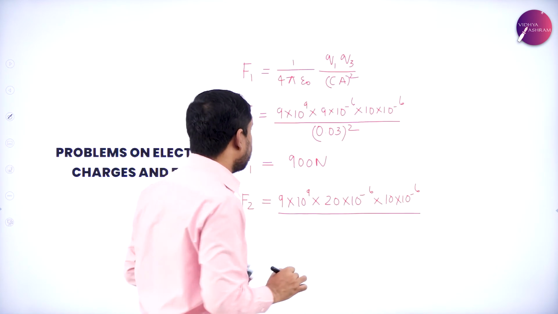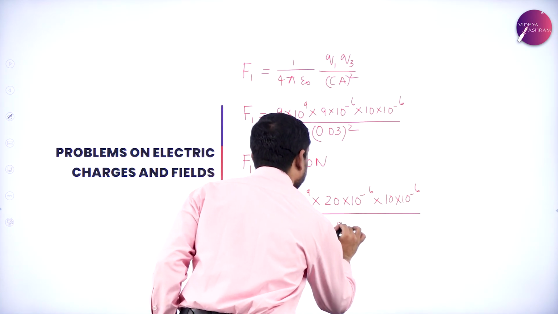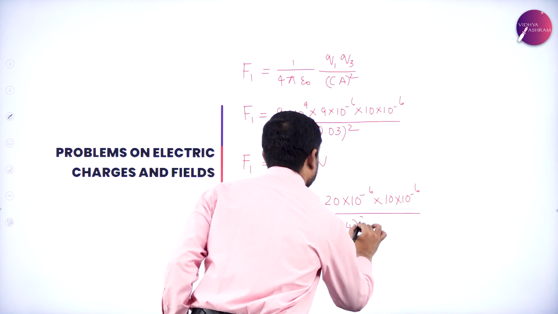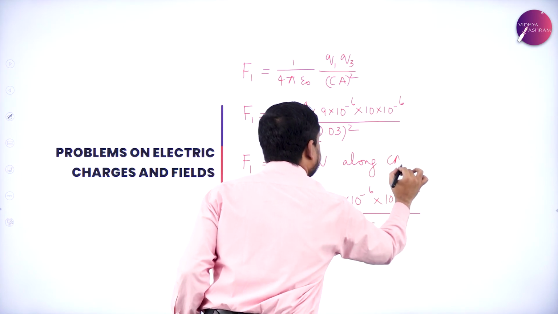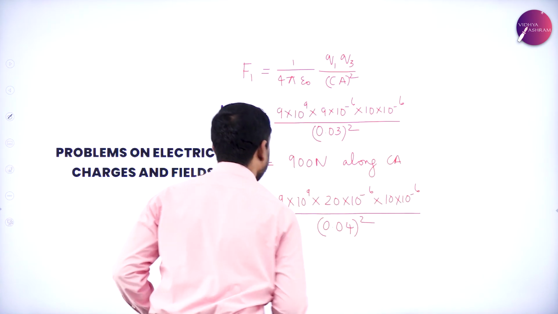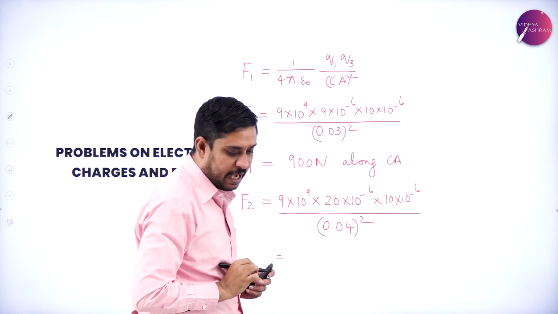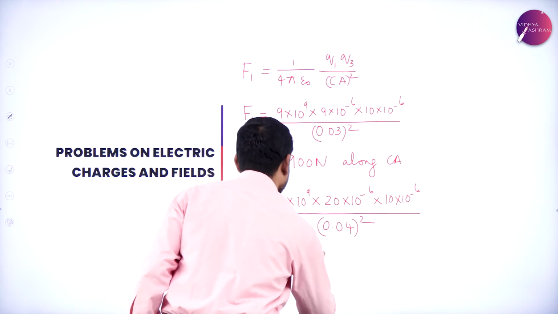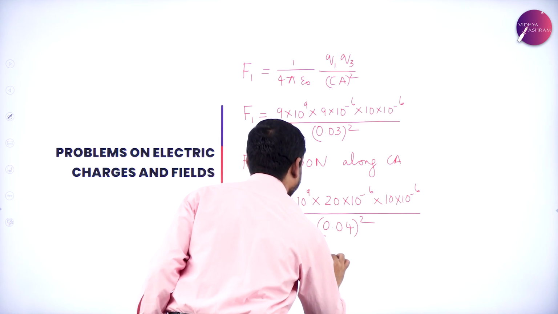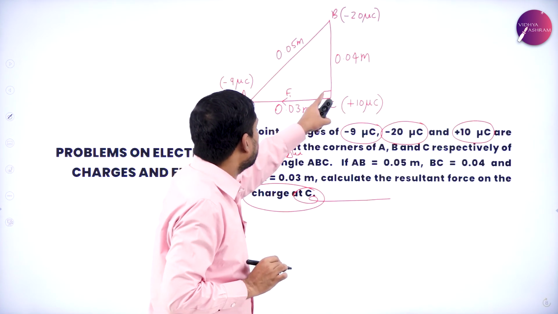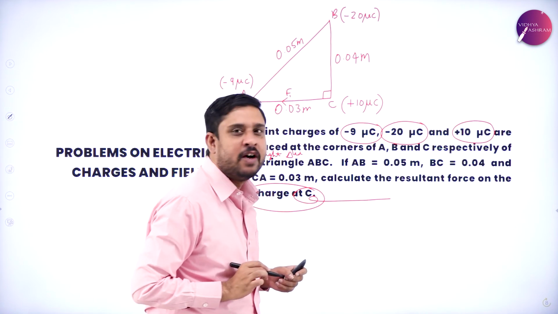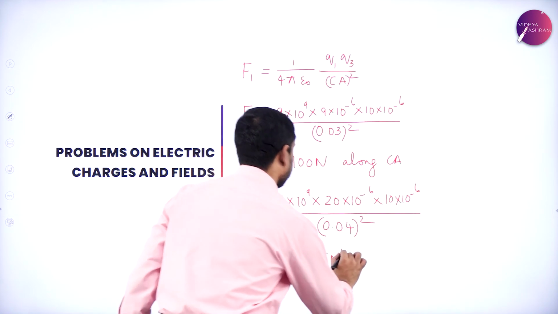Distance is 0.04. So when you simplify, this is 1125 Newton. Again, what is the direction here? Positive to negative along CB.